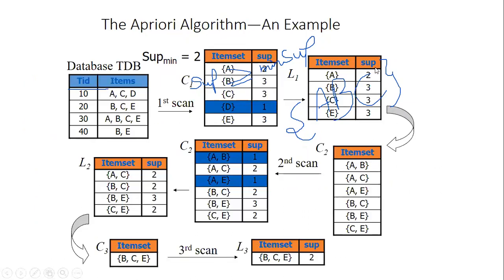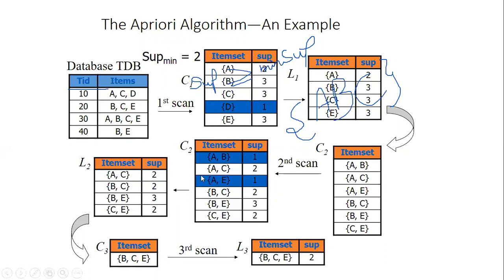We found L1. From L1, we join L1 with L1, and we get this. We scan the database and find the support count of each item set, the 2-item sets, that is C2.